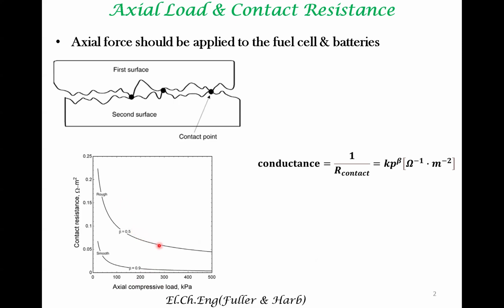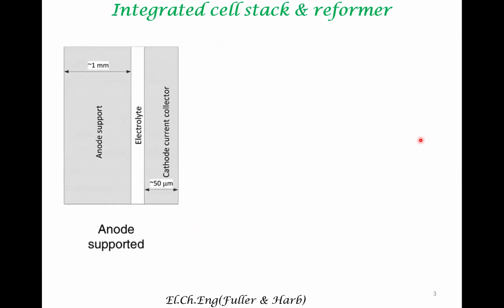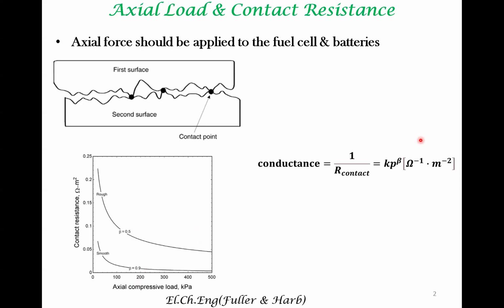That is the central observation. And in addition, you see that a rough interface has greater contact resistance compared to a smoother interface. This is in the context of fuel cell, but we will also look at this issue in the context of solid state battery.